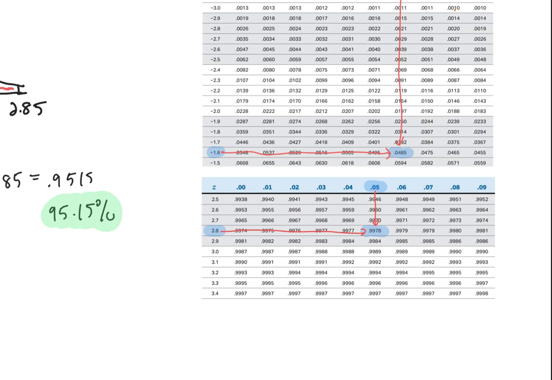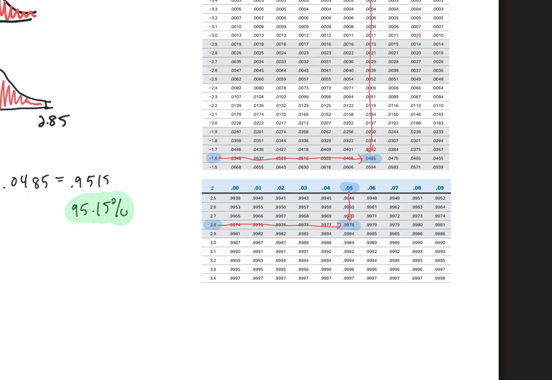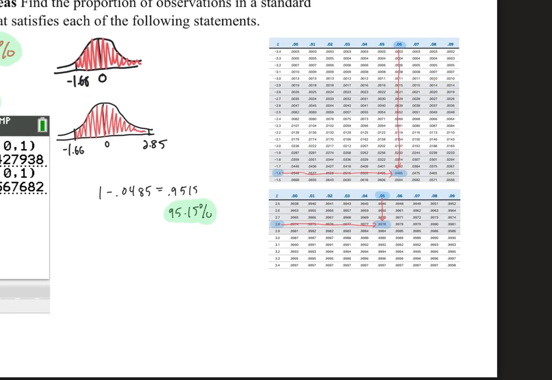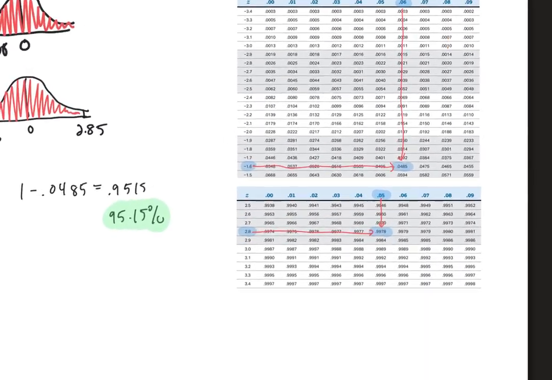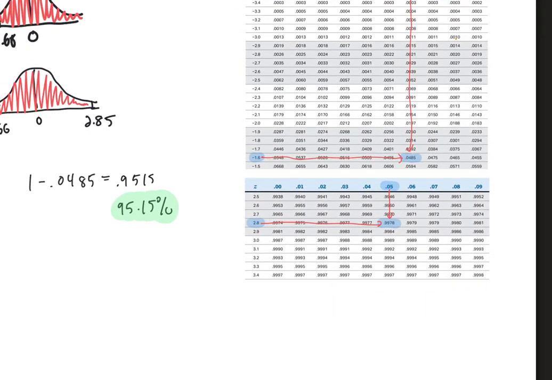Okay, so we will subtract these two values, and that'll be the percent in between.